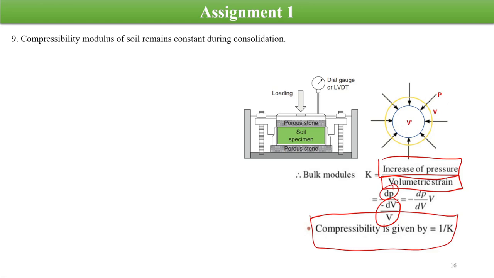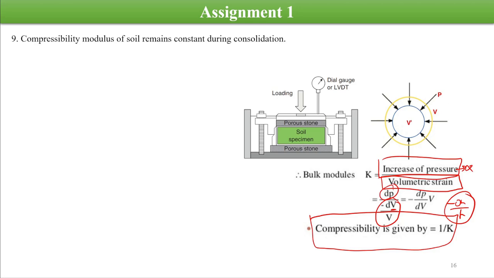In the consolidation test, this volume change is happening because of the height, so we can write delta H upon H. But if you see the increase in pressure, in the consolidation test the normal loading which we apply is kept constant for a certain interval. So there is no increase in pressure; the pressure is kept constant for a certain amount of time.